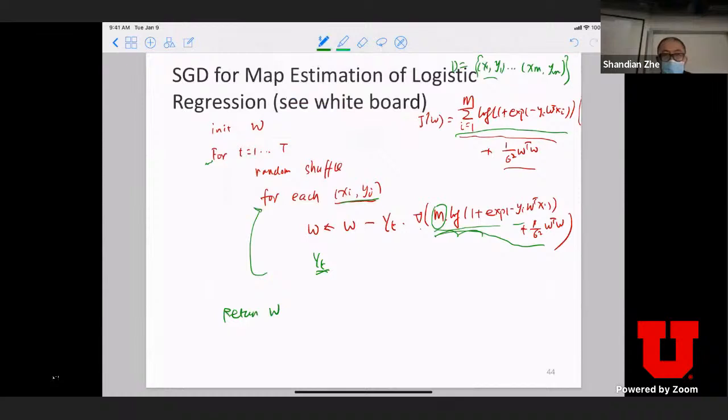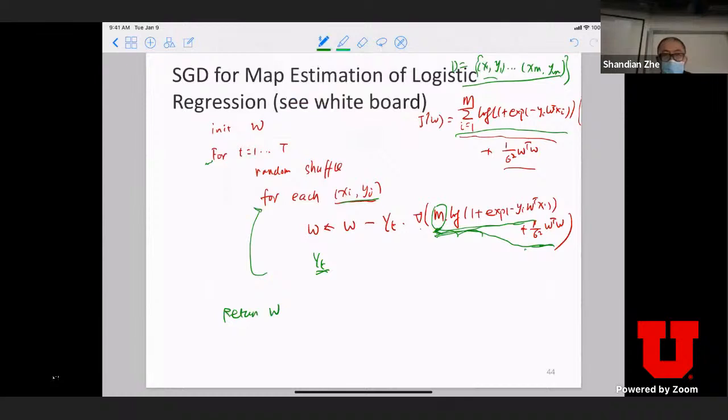But if you want to compute the stochastic gradient, you duplicate this example M times, so that your fixed data set has exactly the same size as the true data set. Then you construct the objective on this fixed data set, which will be M times your logistic loss plus this regularization term. Then you take the gradient.